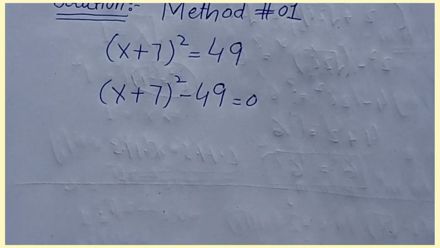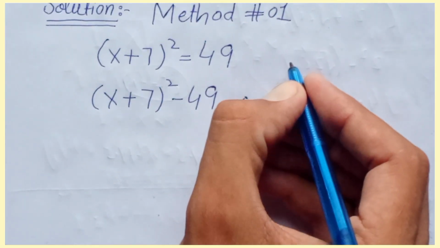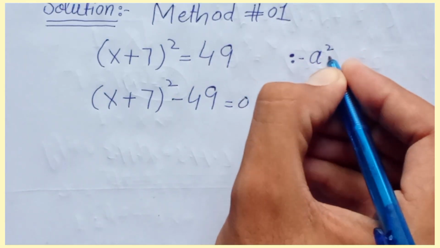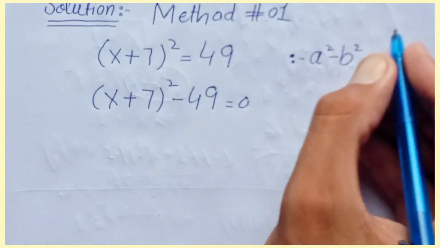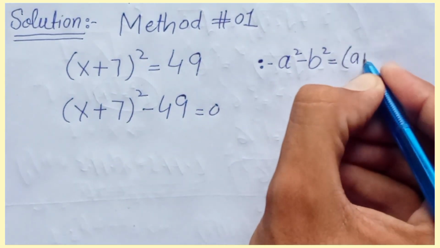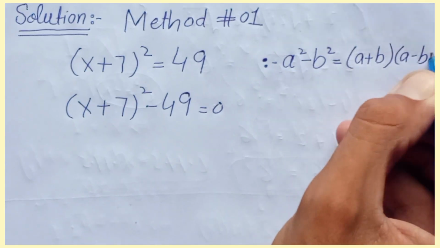Now in the next step, we use this formula: a square minus b square is equal to (a plus b) into (a minus b).